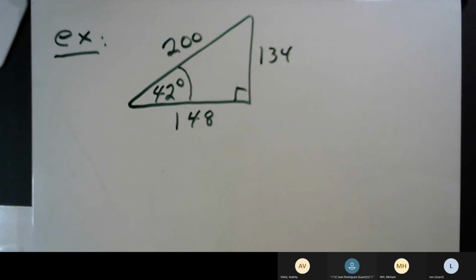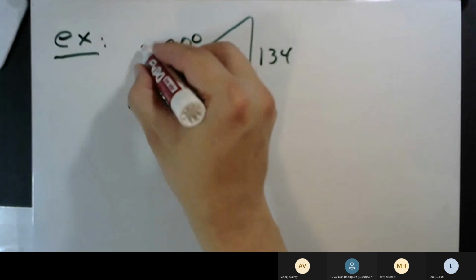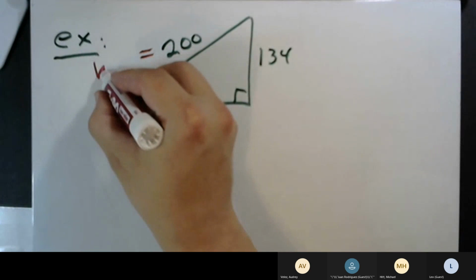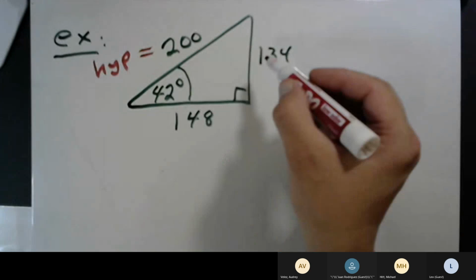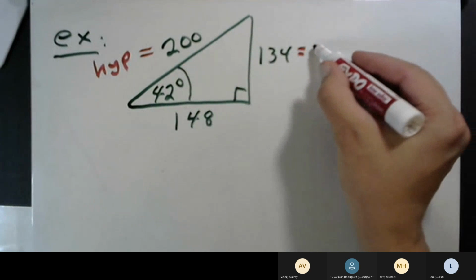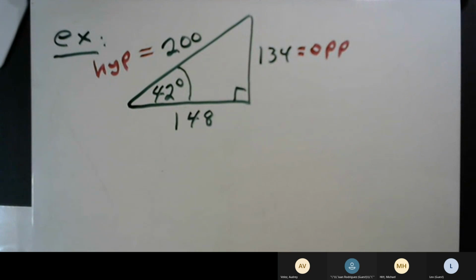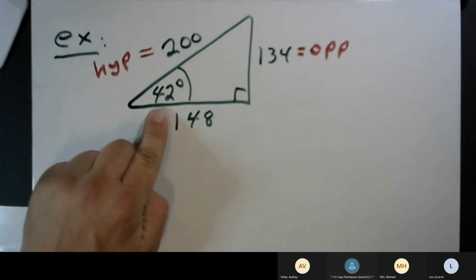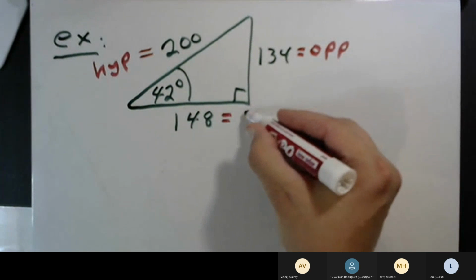So what we want to do is recognize what these sides are. Again, the side opposite the 90-degree angle is the hypotenuse. That's always going to be true. The side that's across from this angle is the opposite. I'm going to abbreviate these. Then the side next to the angle that's not the hypotenuse is the adjacent.